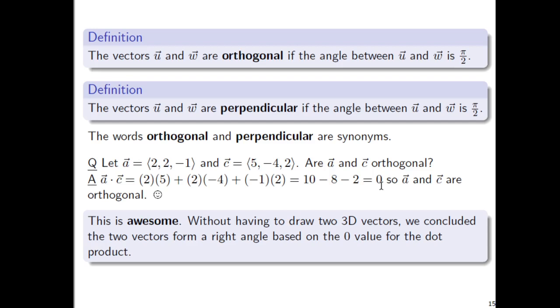See, this is what I'm trying to get at when I say the phrase drawing without drawing. I can visualize. I could even attempt to draw a rough sketch of this vector and that vector, both as position vectors. But should I, even from my drawing, get any sense of whether the vectors truly are orthogonal or not?